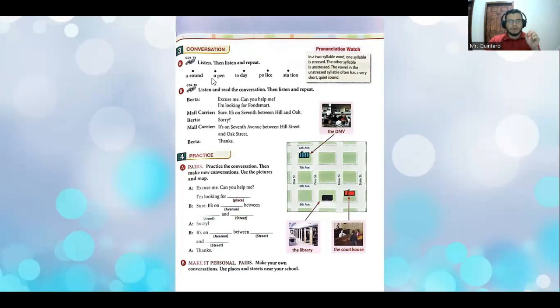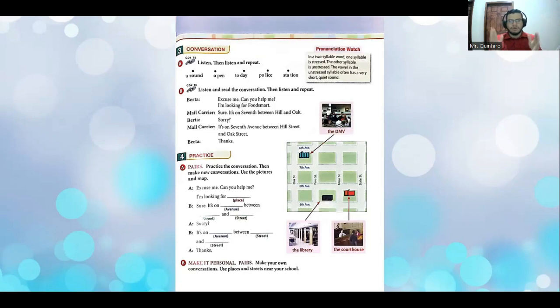Around, open, today, police, station. Hagamos esta dinámica. Cuando sea stress o que suene más fuerte, lo vamos a hacer arriba. Cuando sea que suene más suave, lo vamos a hacer abajo.